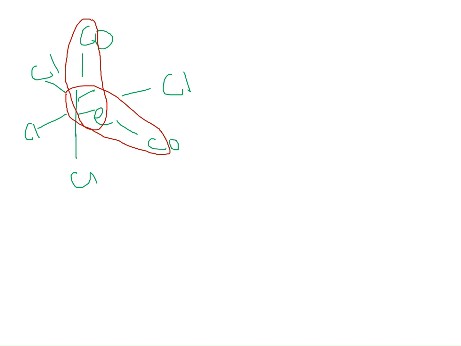Now, the number of ligands where the metal coordinates through carbon has to be at least 1. Here, the complex contains 2 ligands where the iron coordinates through carbon.